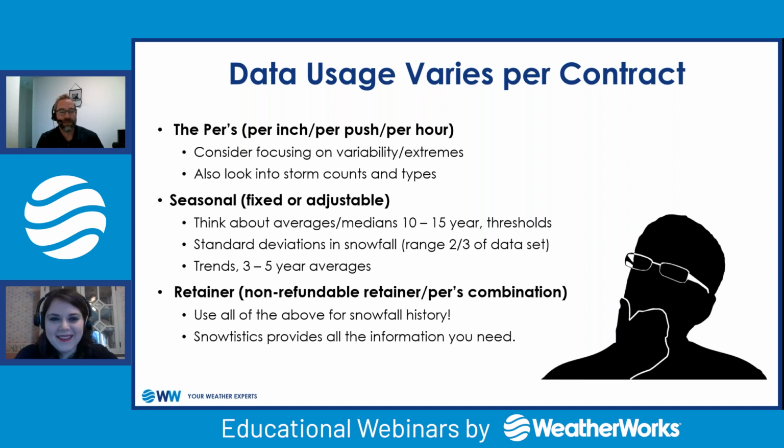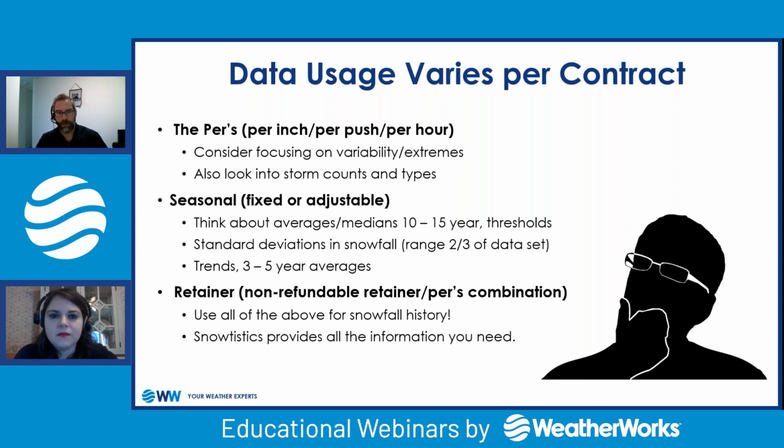But if you're looking at those type of contracts, you're probably going to want to really realize how many 2-inch events happen, how many 6-inch events, how many 12-inch events. That way you can kind of estimate, well, is this going to be a thing where I need to pull in extra equipment? Does it happen often? How many times a year does some event that's over 6 inches happen?